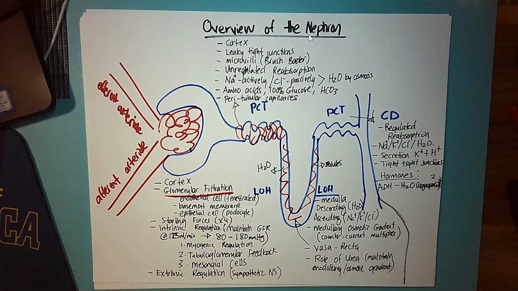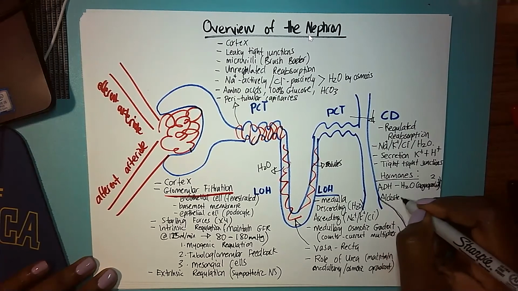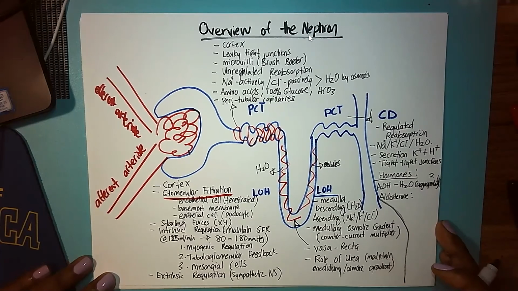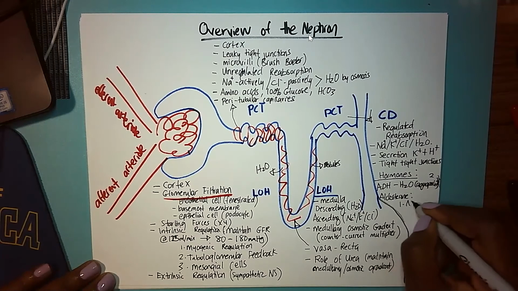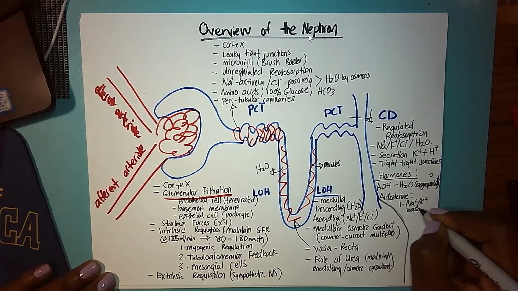Then we have aldosterone. Aldosterone is going to reabsorb more sodium or secrete more potassium by influencing the sodium-potassium pump. One, it's going to be the sodium-potassium pump on the basolateral surface.